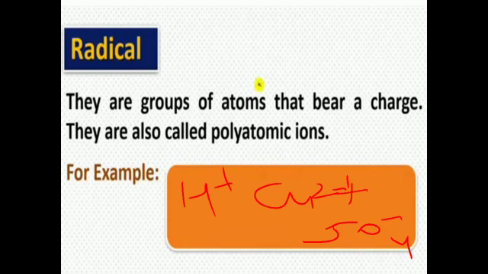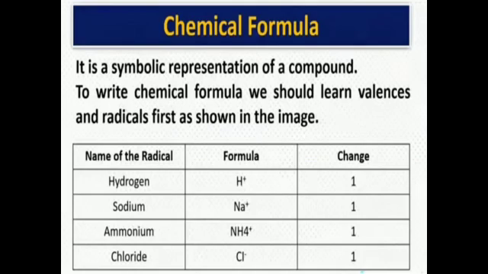We can also call them polyatomic ions because they have more atoms. The number of atoms is more than 2. So here a chemical formula comes in. A chemical formula is a symbolic representation of a compound.